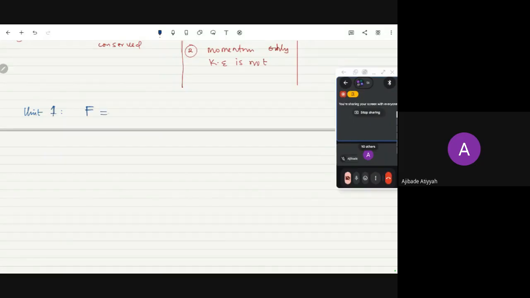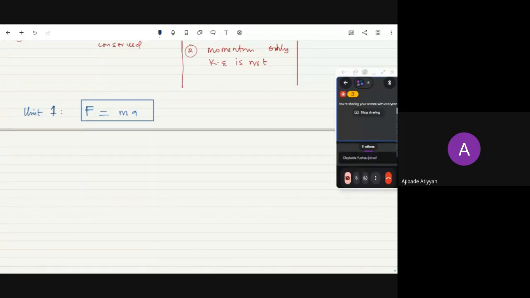I showed you that force is equal to MA, right? This is very important for you to note. You have to know that F is equal to MA. If you don't know that from the last class, you should know it now.